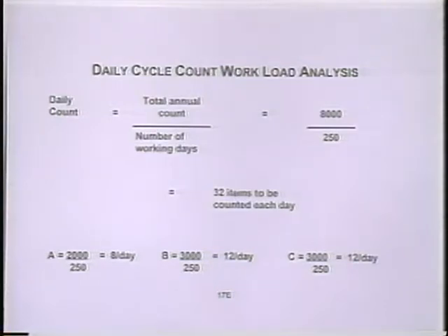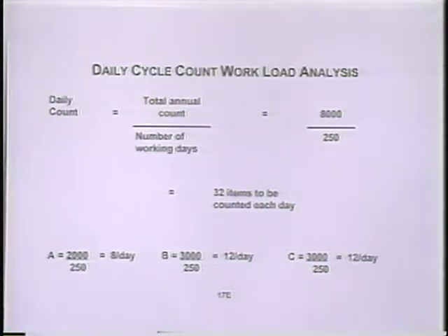So we have 8,000 maximum count, and in this case we're assuming we're working 50 weeks a year, 5 days per week, or a total complement of 250 working days. And if I divide 250 into 8,000, that means we're going to cycle count 32 items per day.